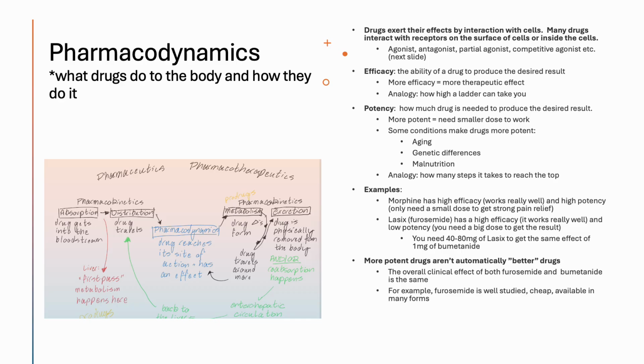There are some things that make drugs more potent, like malnutrition, and we know why, because if you don't have enough albumin, you have a lot of free drug floating around. We're going to talk about the genetic differences in the cytochrome P450 enzyme system, and also aging with the body water and the fat composition changes and the pharmacokinetic changes that we talked about already.